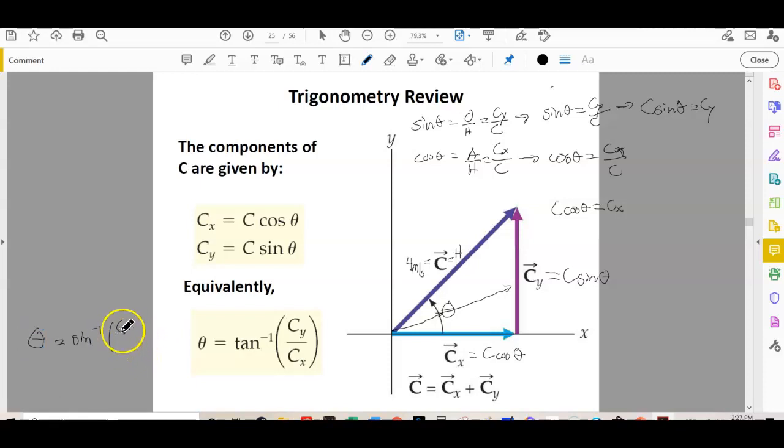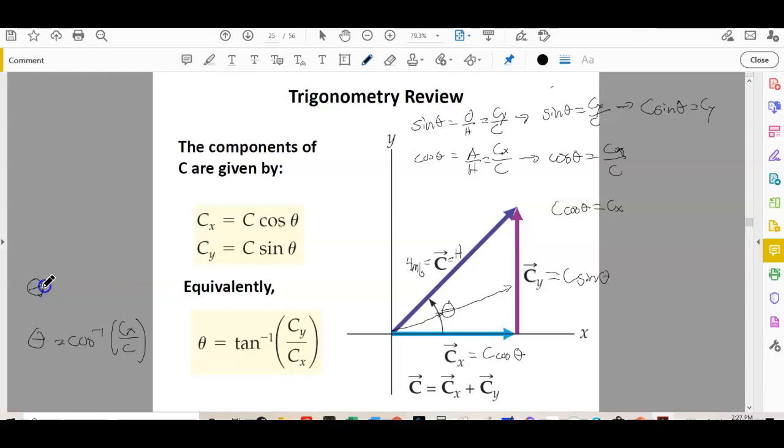Oh boy. Let's do that again. If you need to find theta in terms of cx and c, you take the inverse cosine of both sides, and you get cosine -1 of cx over c.